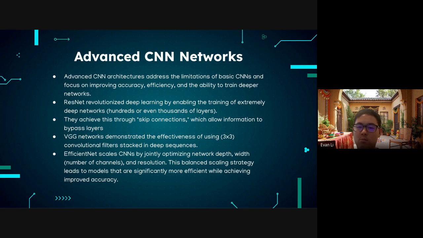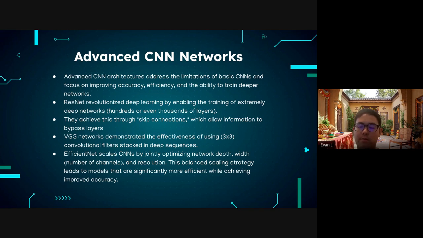This elegantly mitigates the notorious vanishing gradient problem, which had previously hindered the training of very deep networks. By enabling the training of significantly deeper networks, ResNet unlocked the potential for learning much more complex and hierarchical feature representations, leading to substantial performance gains across a wide range of computer vision tasks.